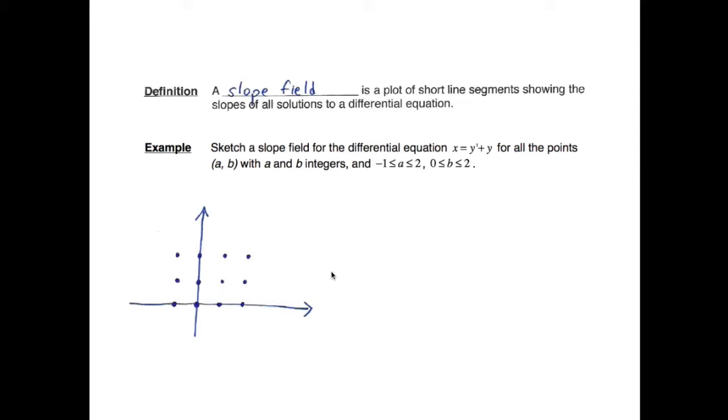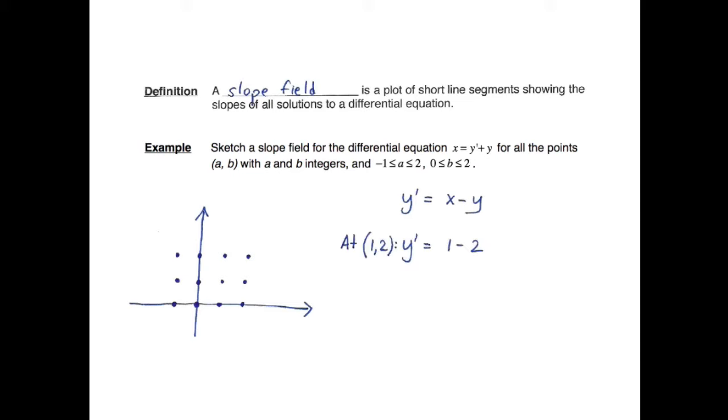So for all of these points, we need to represent the slope by using the differential equation. By rearranging the differential equation, I see easily that y prime equals x minus y. So the slope of my solutions are going to be x minus y for all points in the Cartesian plane.